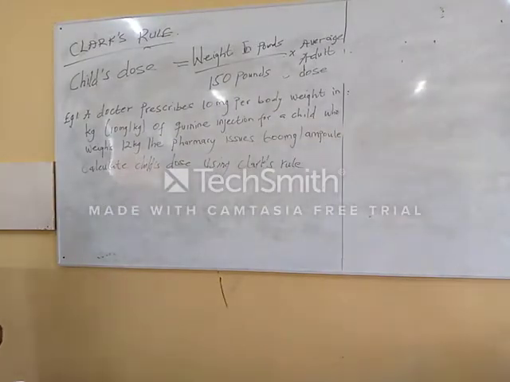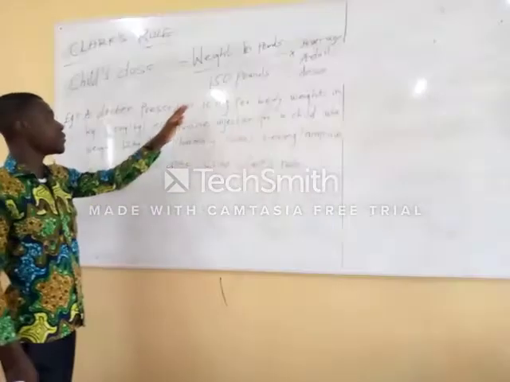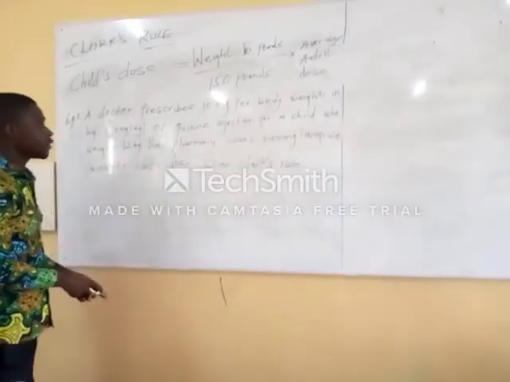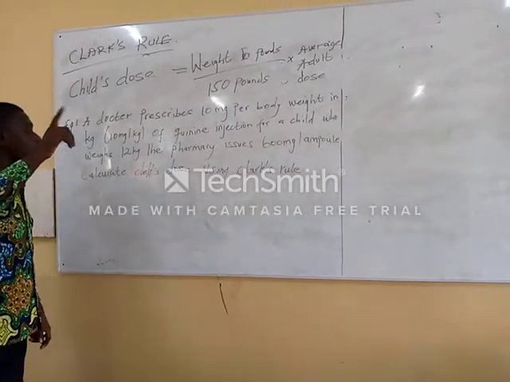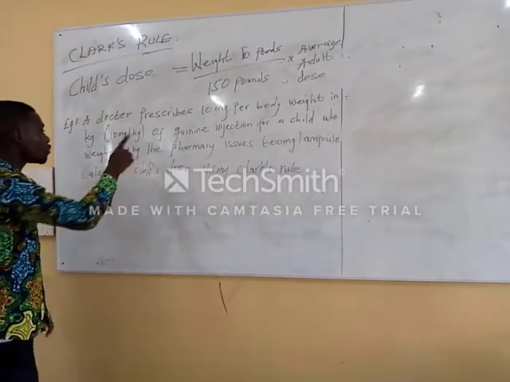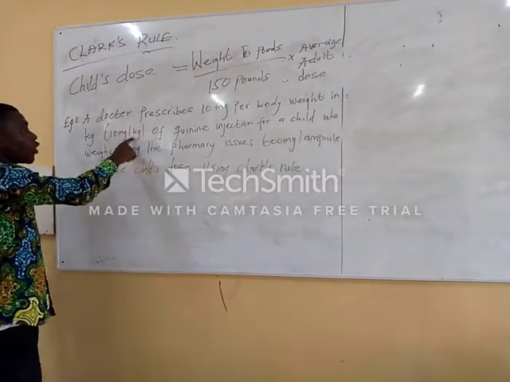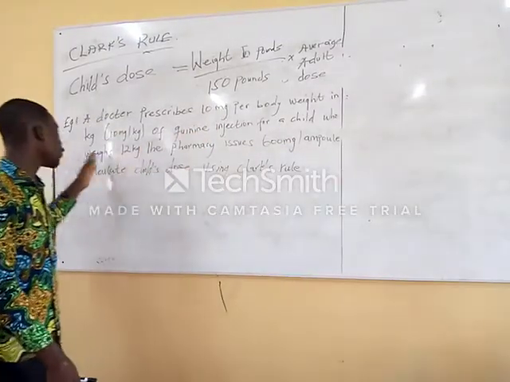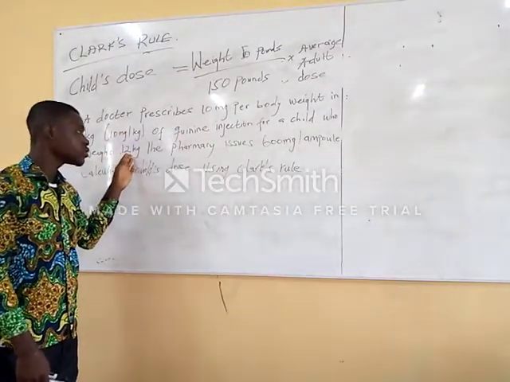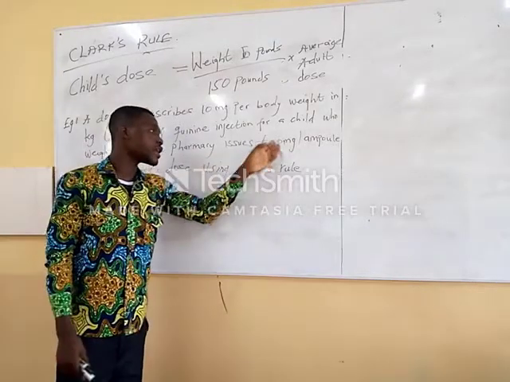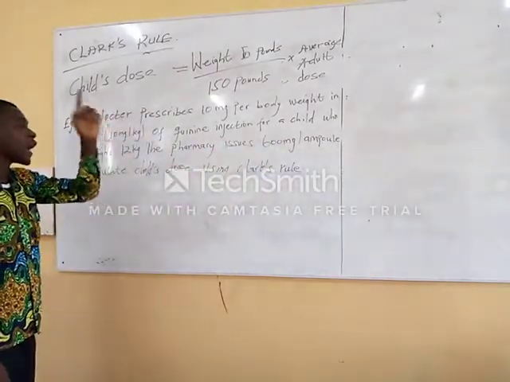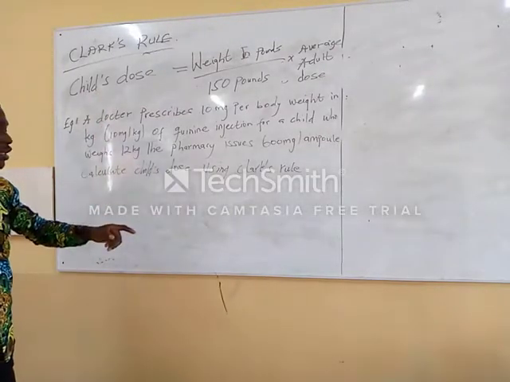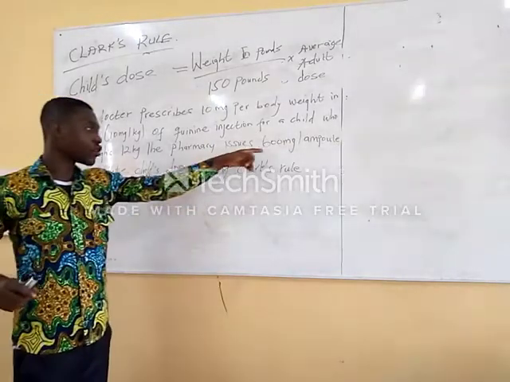I'm taking it again. When the child's weight is 1 kilogram, the child should be given 10 mg of this quinine injection. So if you take 1 ampoule of this quinine injection, the weight of it is 600 mg.